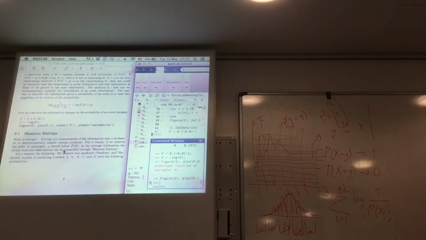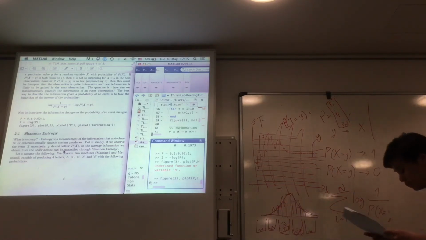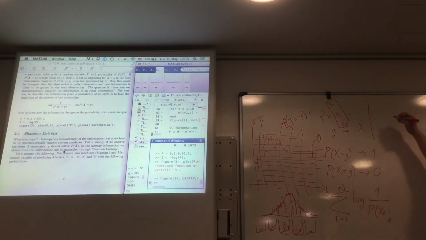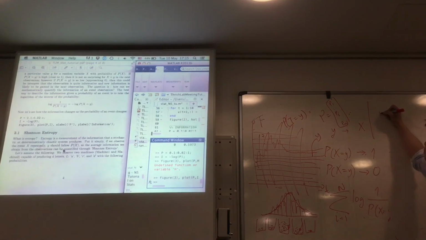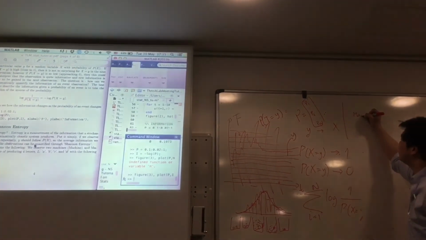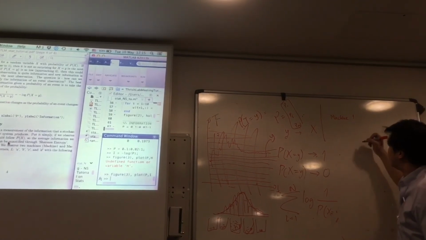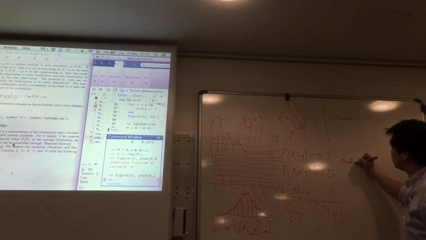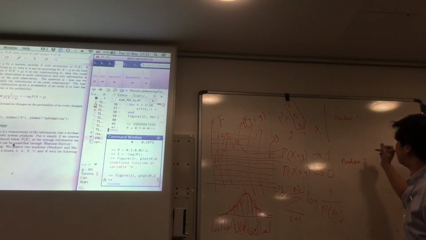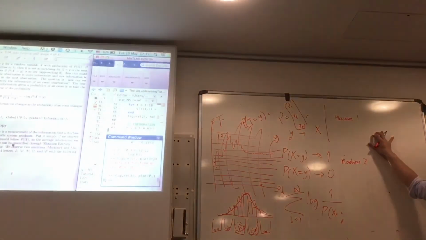Let's say we have two systems, machine 1 and machine 2. This is going to be quite a simple example.